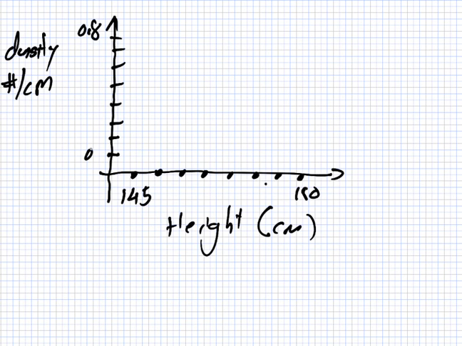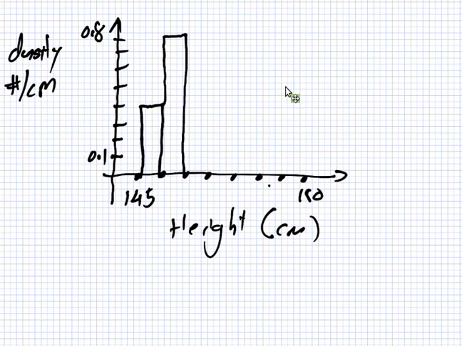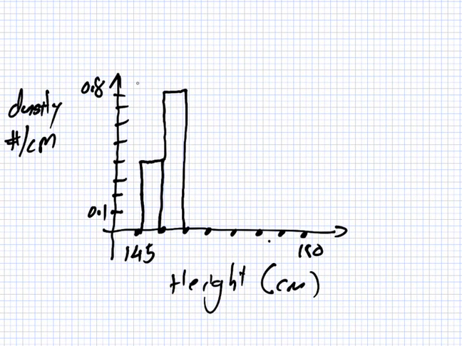0.8 and 0.1. So my first bar is 145 to 150. So what's the first height? 0.4. Next height? 0.8. Next height? 1.0. The biggest is 1.7. Okay.